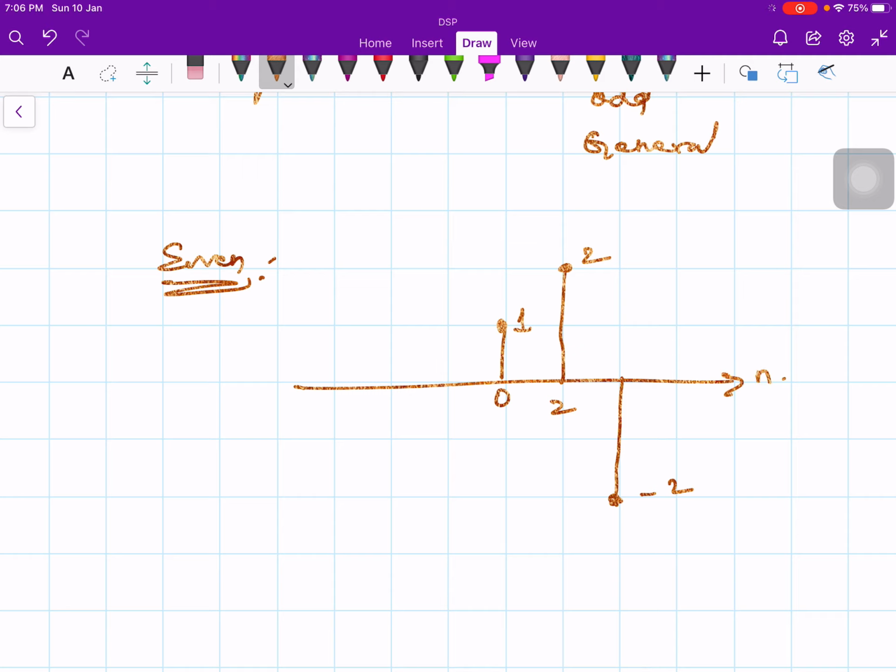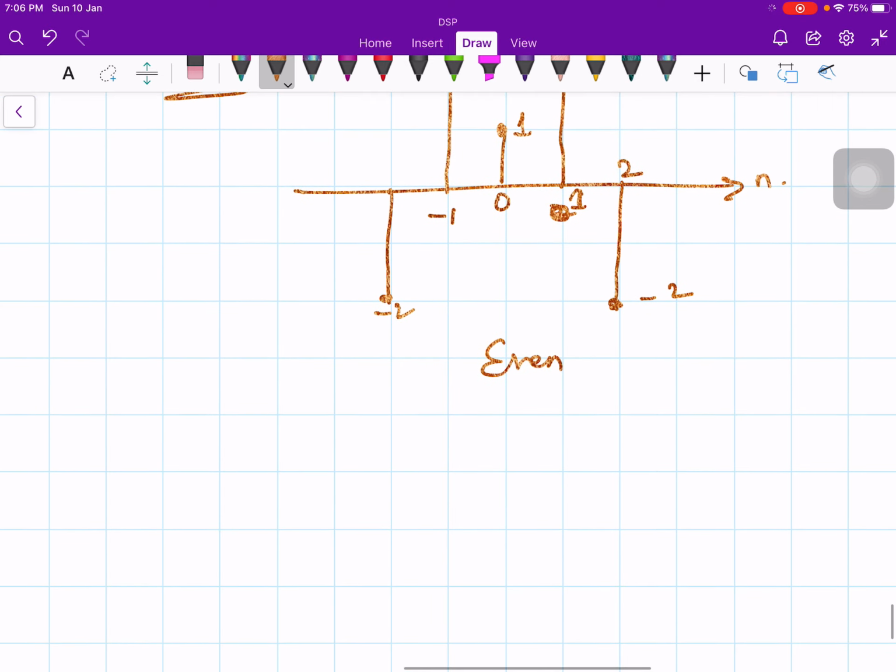Take the mirror image of this. I'm sorry. Let's say this point is 1 and this point is 2. At minus 1, take the mirror image. So the mirror image will be 2. And at minus 2, you take the mirror image, the value is minus 2. Therefore, this is the even signal. Okay, simply you are taking the mirror image of the right side. Okay, it is an even signal.